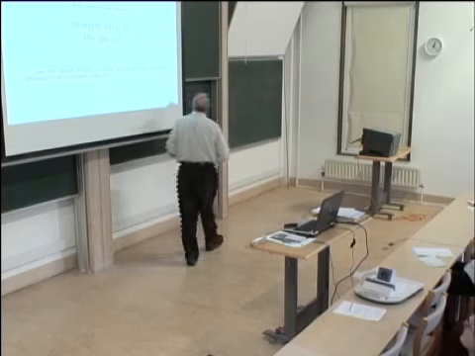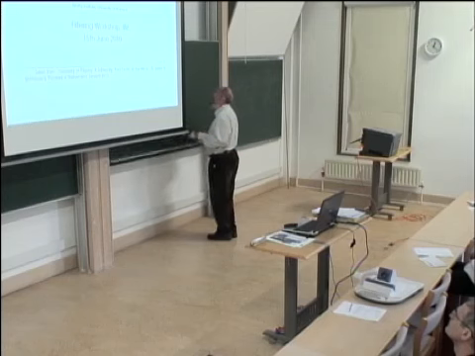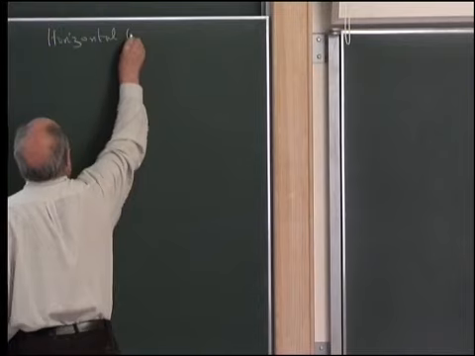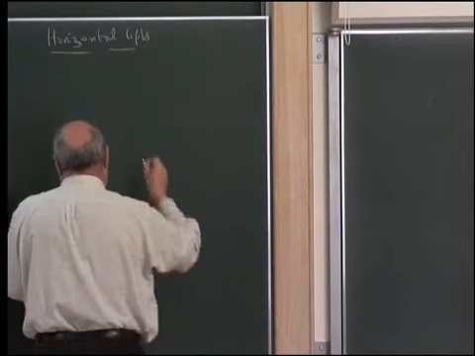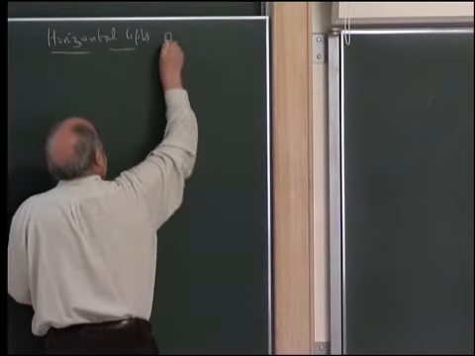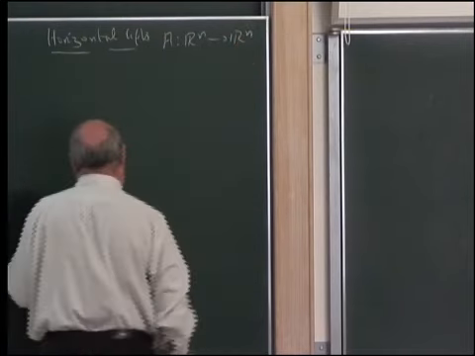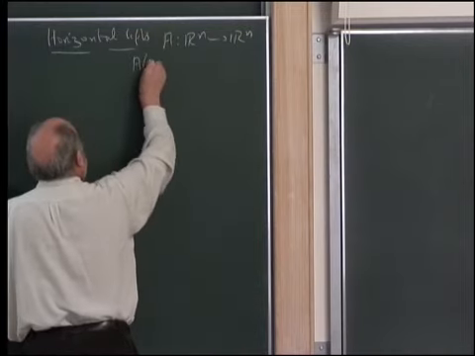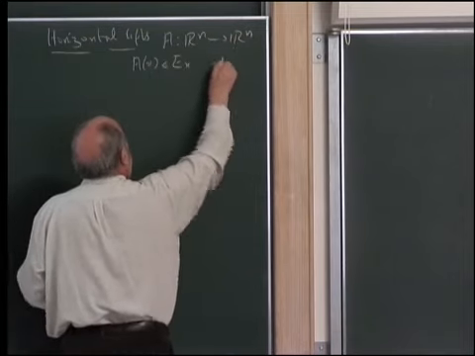So now I can construct some horizontal lifts of vector fields. First of all, suppose A is a vector field on R^n, and now I have to assume that A(x) belongs to E(x) for all x.